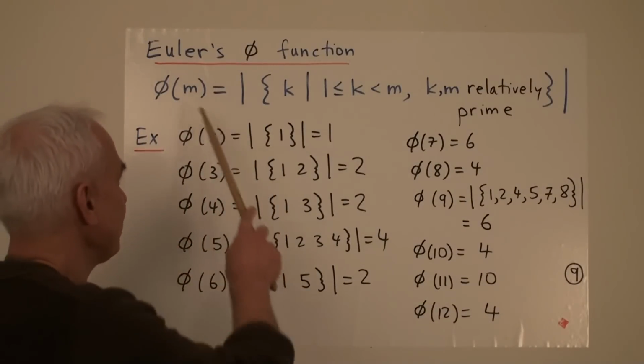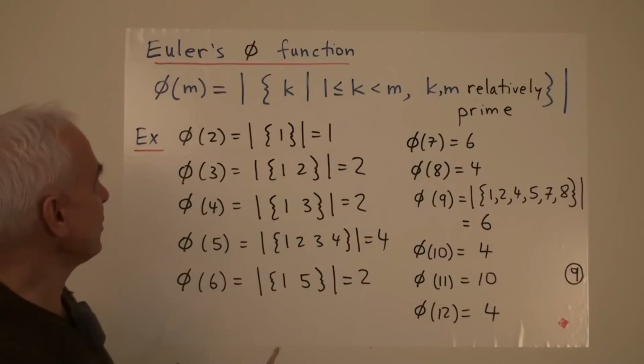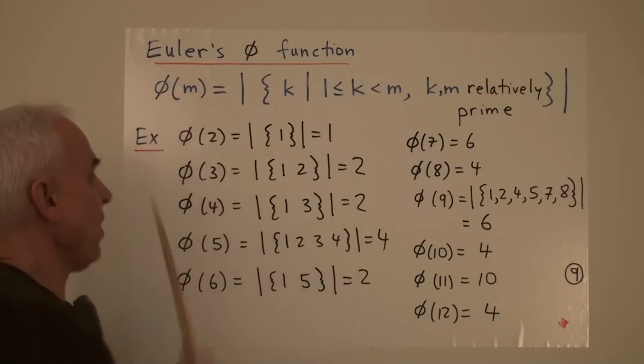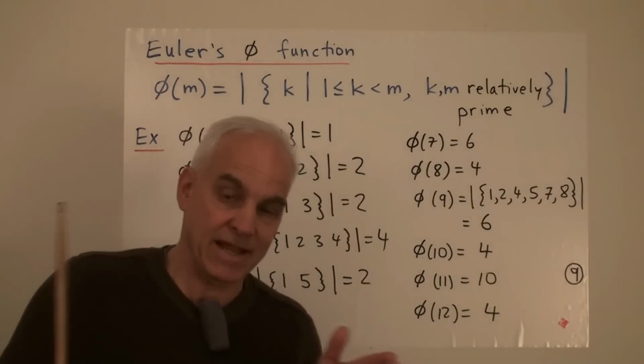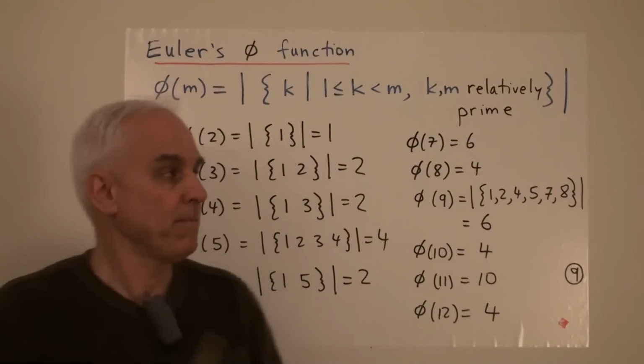So let's talk about the phi function of Euler. Okay, so m is a natural number. Phi of m is what? Well, it's the number of numbers less than m which are relatively prime to m.